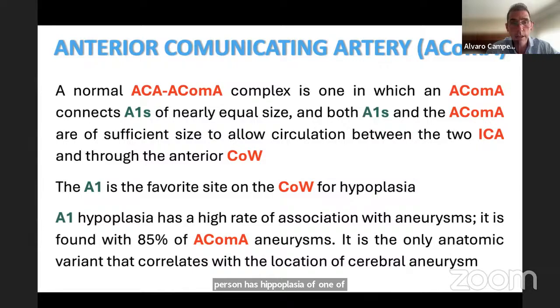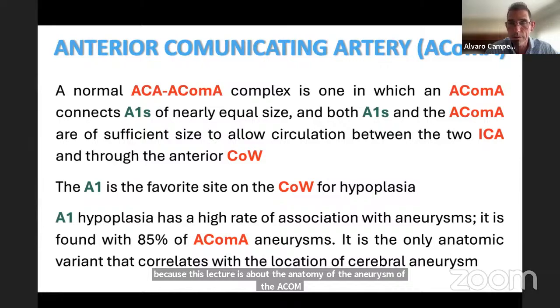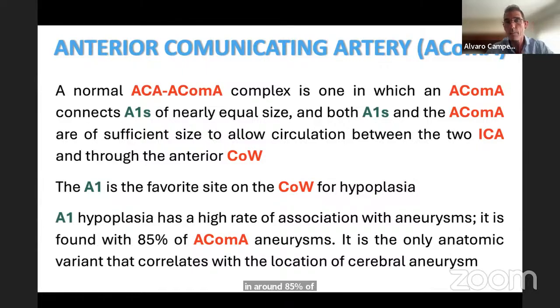So A1 hypoplasia has a high rate of association with aneurysm. Because this lecture is about the anatomy of the aneurysm of the ACom artery, it is important to realize this concept. It is found in around 85% of ACom artery aneurysms, the hypoplasia of one of the two A1s.